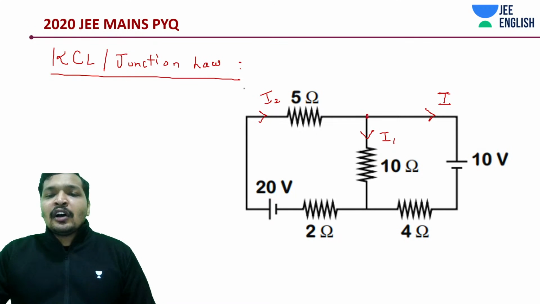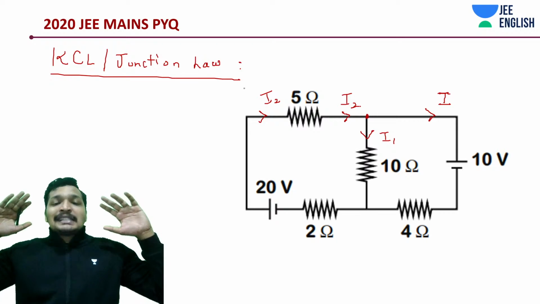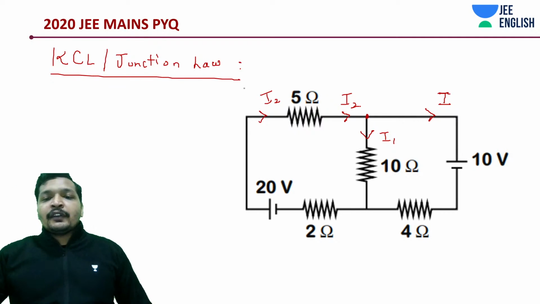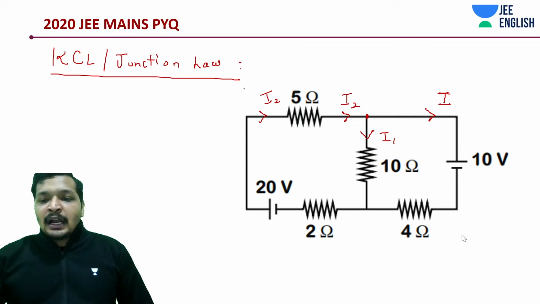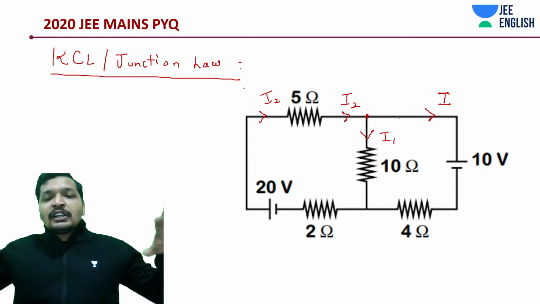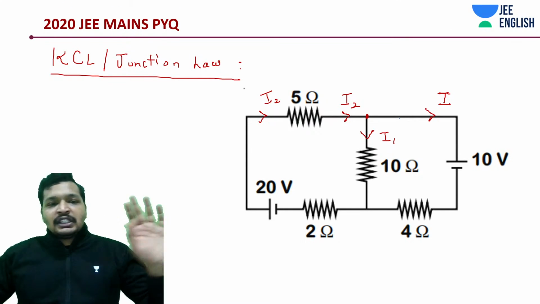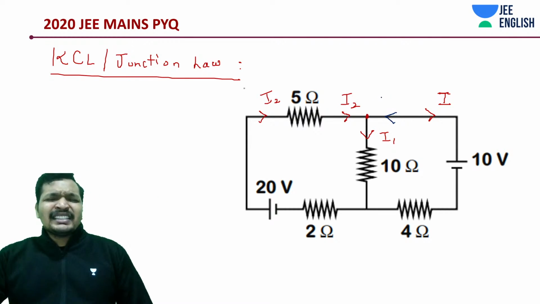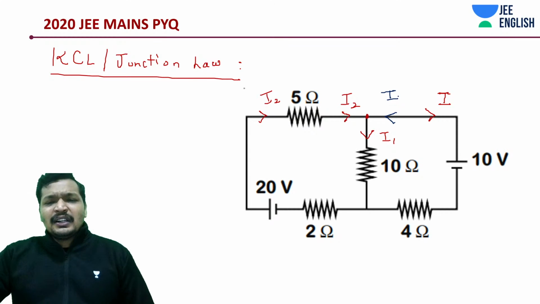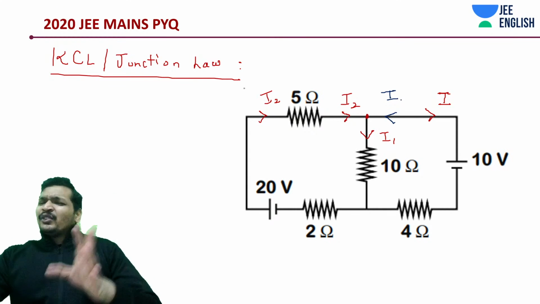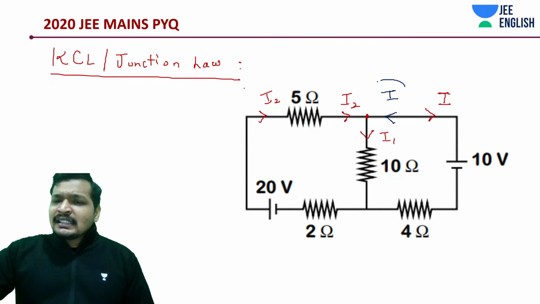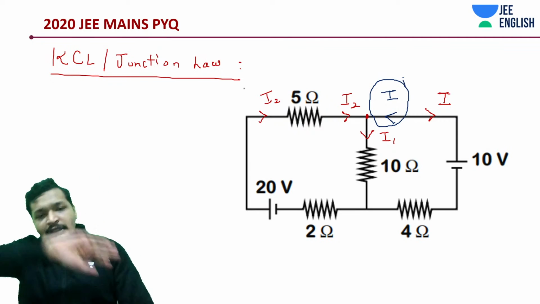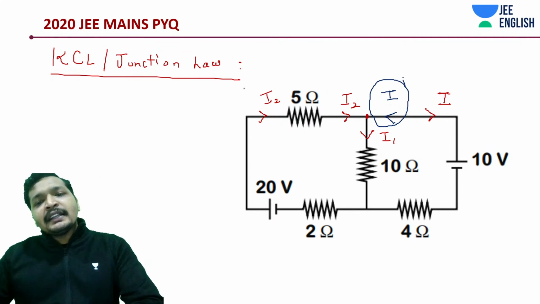So from junction law, do remember students, if your assumption is wrong, don't worry about it. If you have taken current in this direction, just don't take all the 3 currents entering the node or all the 3 currents exiting the node. Just don't make that mistake. If you make that mistake, there are chances it can go wrong. Let's say you've taken I in this direction, still keep moving, start solving the equations. Finally, you'll get a negative answer.